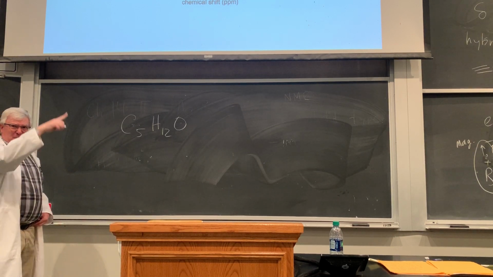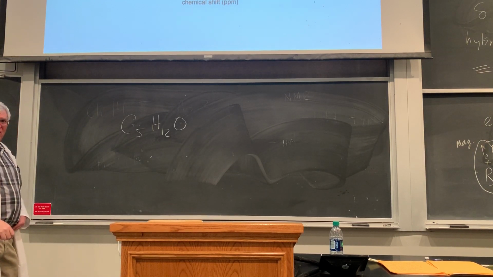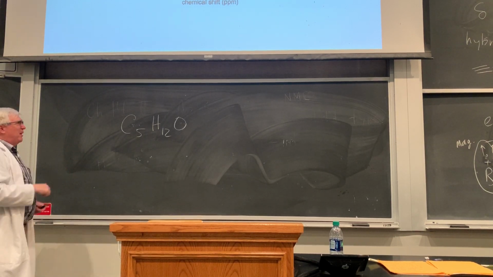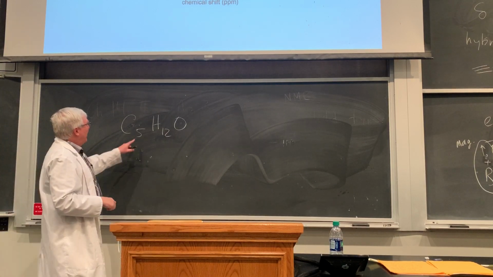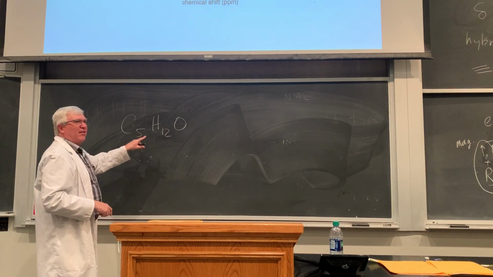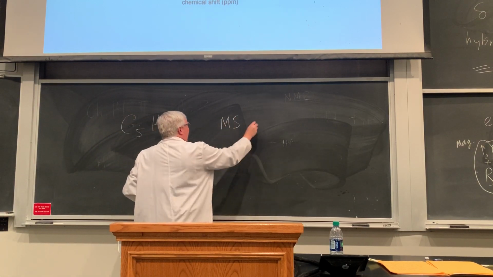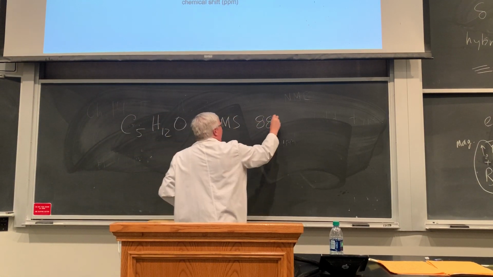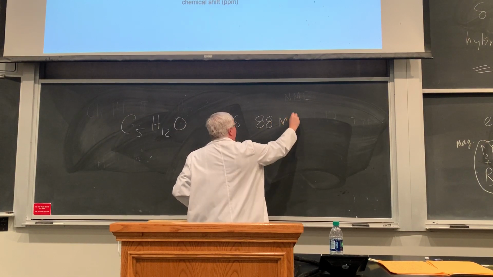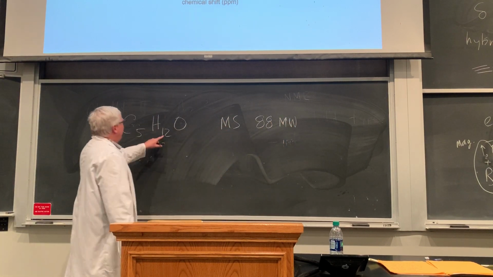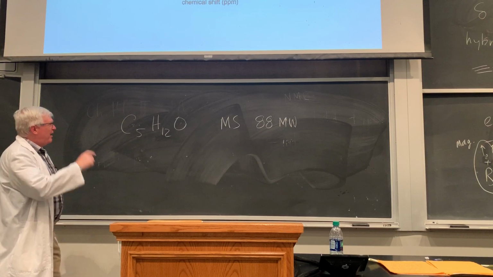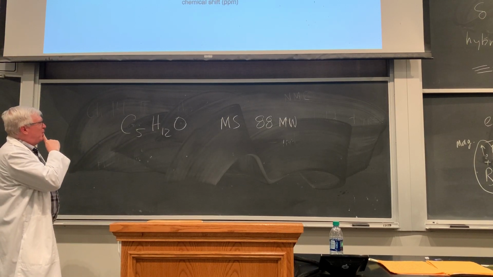Where would we get this data from? We get this from the mass spec. And I think it's 88 for the molecular weight there. And that just tells us we have 12 hydrogens maybe for this suspected formula here.